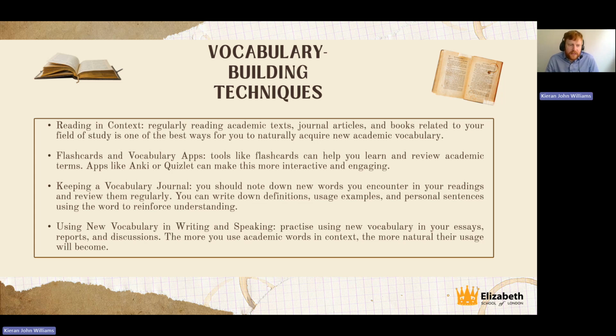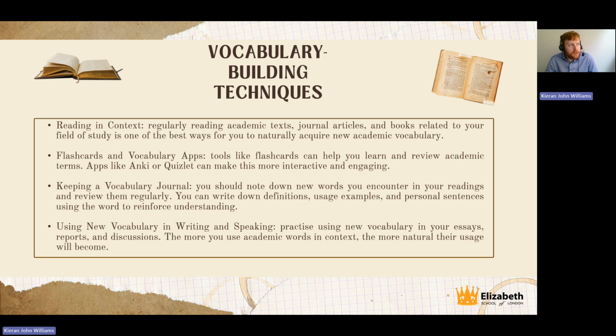All right, but other things to think about, not just using the academic word list. The best way to learn vocabulary is to learn that vocabulary in its context. So make sure you are regularly reading academic texts, and they will give you a lot of this new vocabulary that you need to learn.